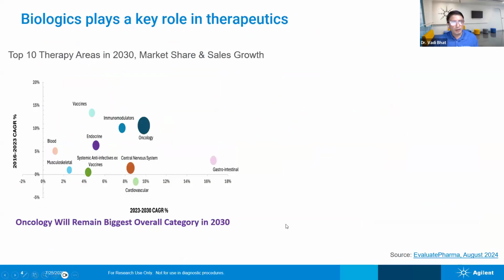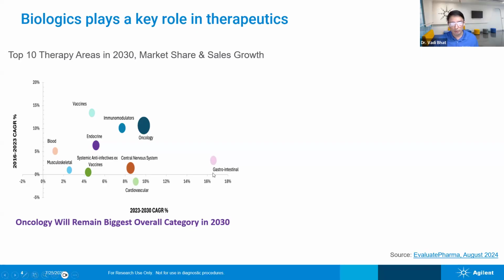Now, when you look at the market side, biologics are of course gaining market share, growing much more rapidly compared to small molecules. When you look into the different therapy areas, here it's showing the top 10 therapy areas. Obviously, oncology is number one, judging by the size of the bubble. But if you look at the highest growth or CAGR for the next few years, it is gastrointestinal.